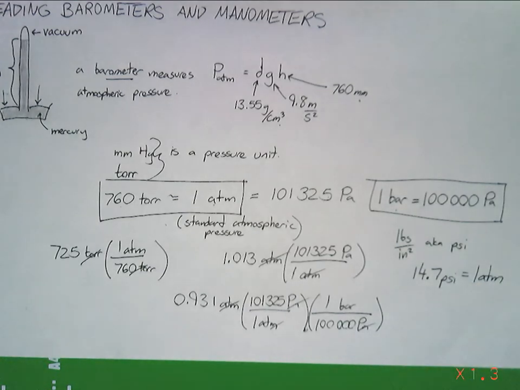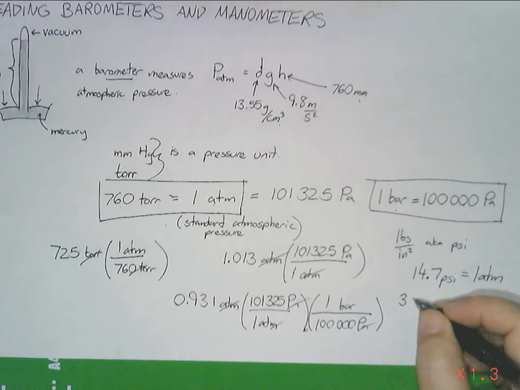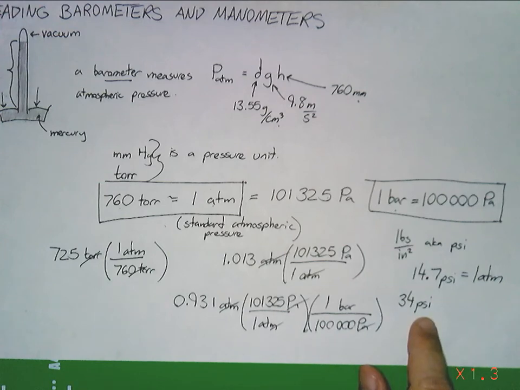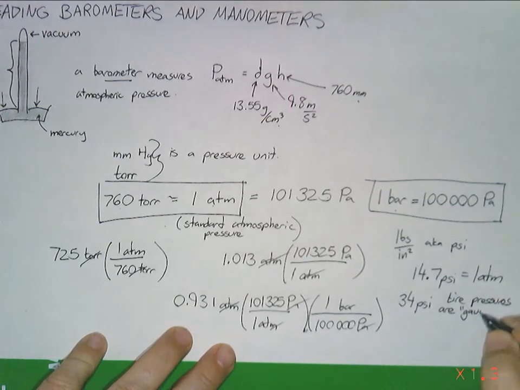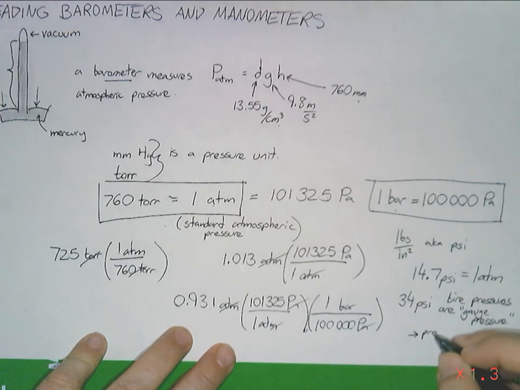Also, when you're filling up your tires, for example, my tires on my car, they want to be full to 34 psi. So I set the gauge to 34 psi, and then I fill it up. And when you're reading a tire gauge, it's telling you what the pressure is in excess of atmospheric pressure. Tire pressures are called gauge pressures. And whenever you have a gauge pressure, that's pressure in excess of atmospheric pressure.